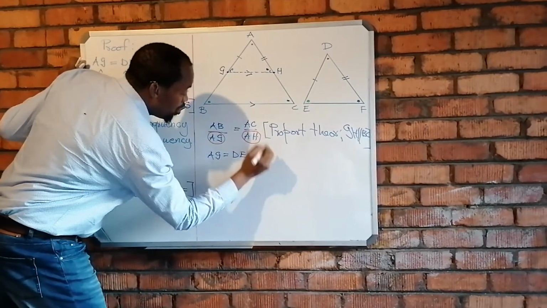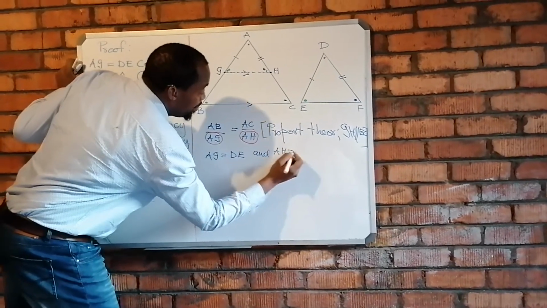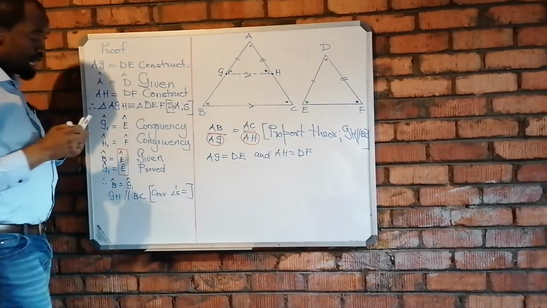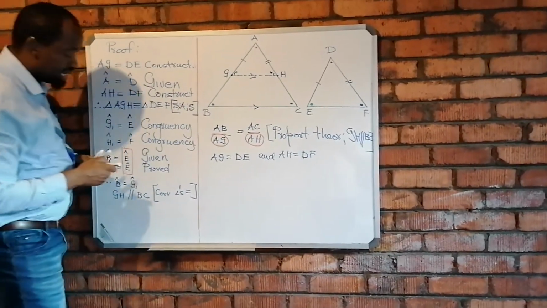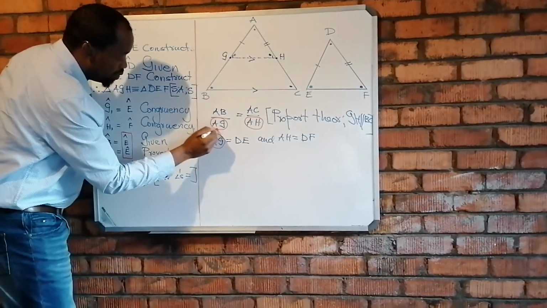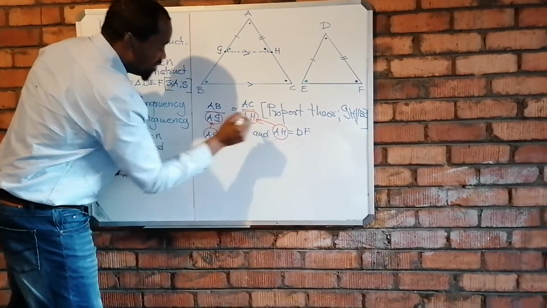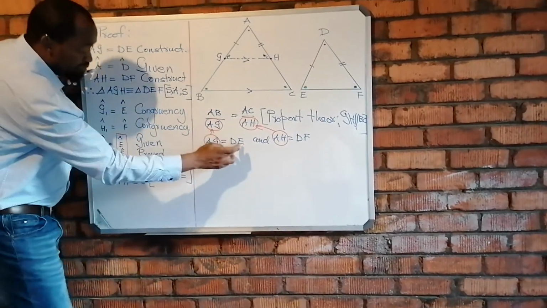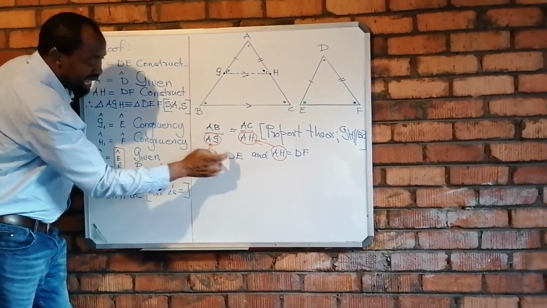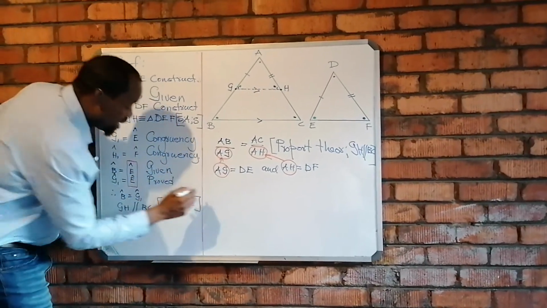And we also said AH must be drawn equal to DF. Now, what can we see here? A beautiful thing. There we have this, and there we have him. Now, if this is the same as this, which is that, it means that I can replace this by that. Let's do that.